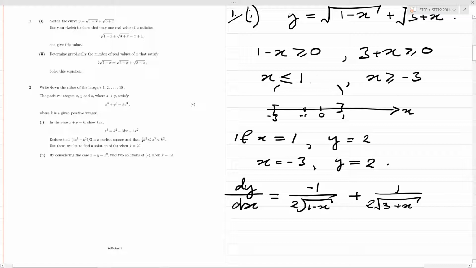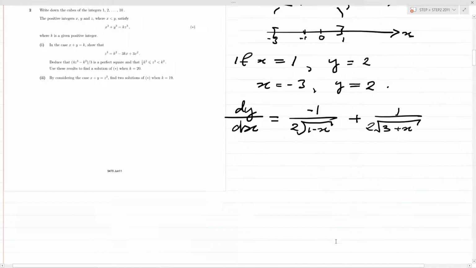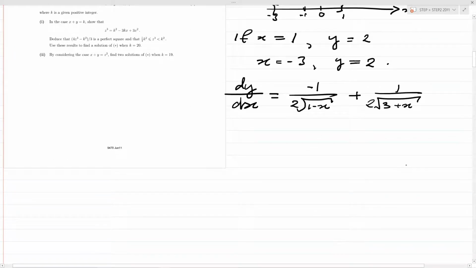So now the question is, does it blow up anywhere else? Well, this can't go to infinity over this finite interval, minus 3 to 1. So we suppose that it must have some sort of maximum, and we want to find that out. What we're going to do is set this gradient equal to 0, because a 0 gradient means you're parallel to the x-axis. So it's going to turn round, and you want to know when it turns round.